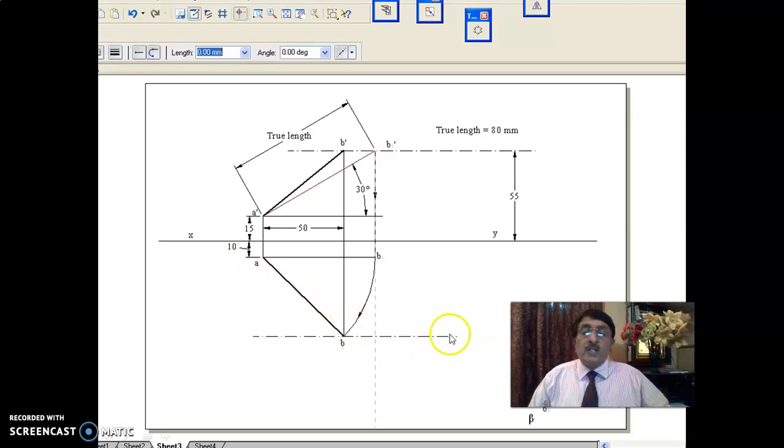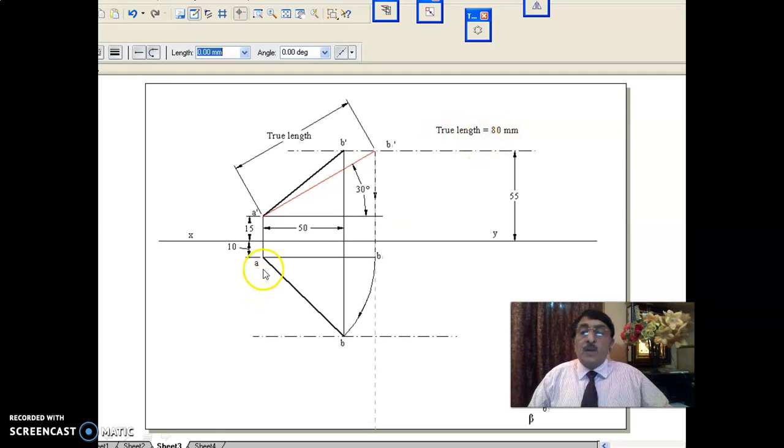Now I made use of all three parameters: theta, given as 30 degrees, is one; DBP, the distance between end projectors, is another. This is alpha, the inclination of the front view of the line, and this is beta, the top view. But the true length is not there, though the true length you already know, 80.